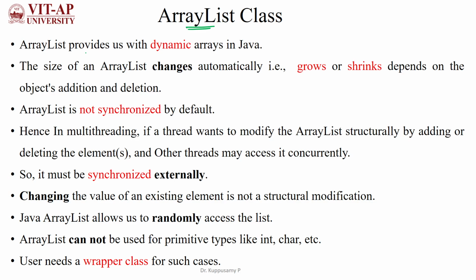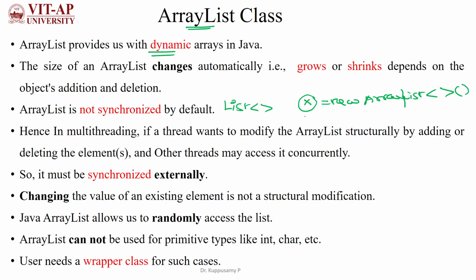ArrayList is one of the classes in Java collections which provides dynamic arrays. That means the size of the array is dynamic. Suppose you have the object X created by using ArrayList, which implements the list interface with some data type.